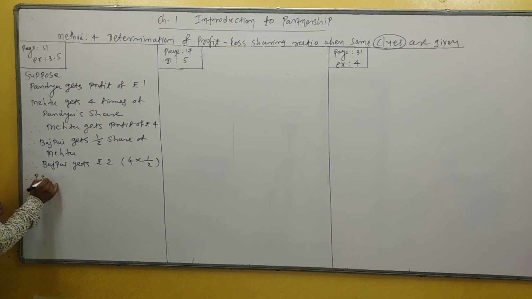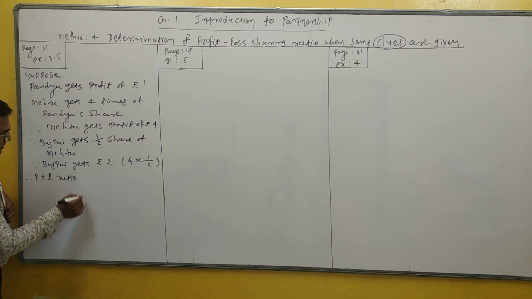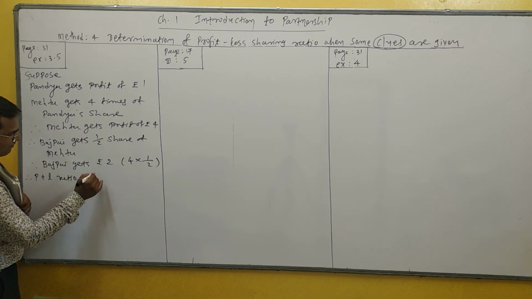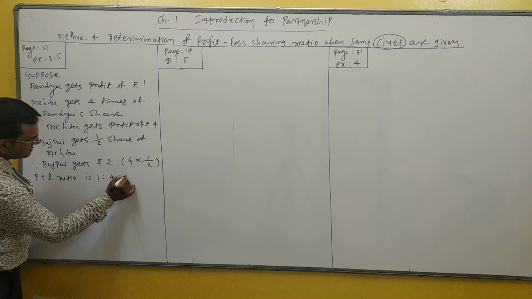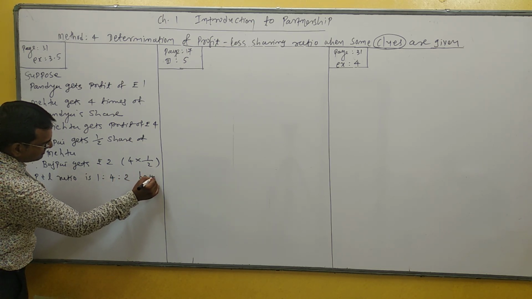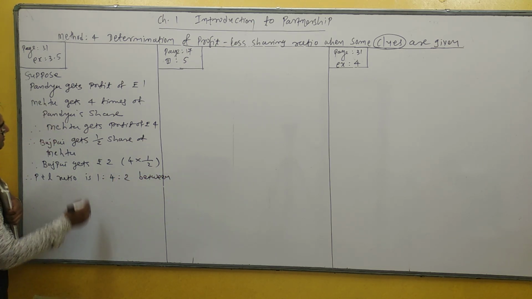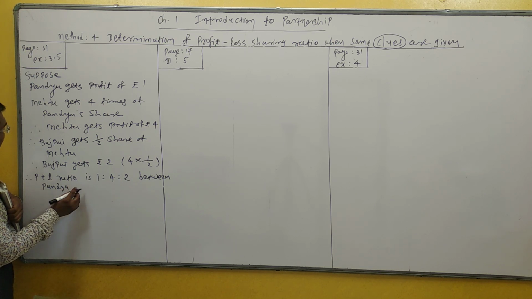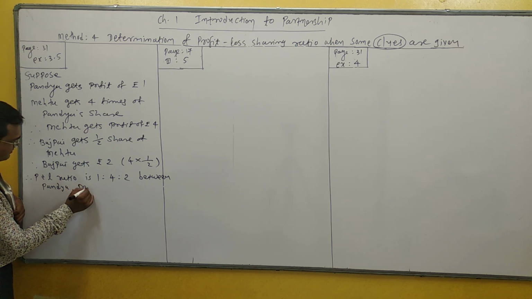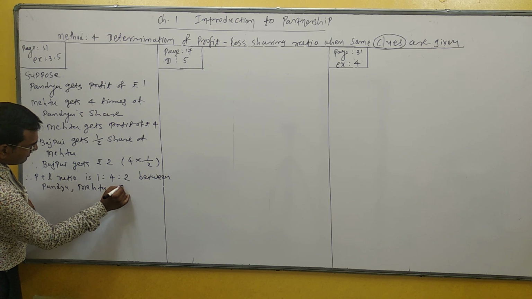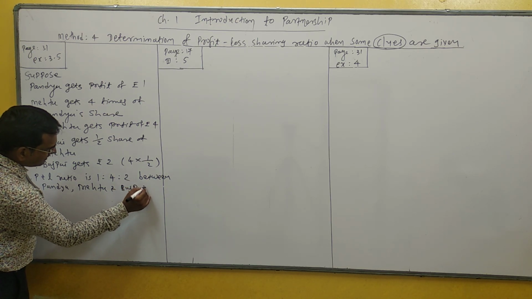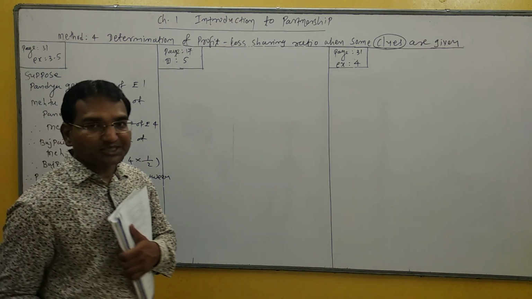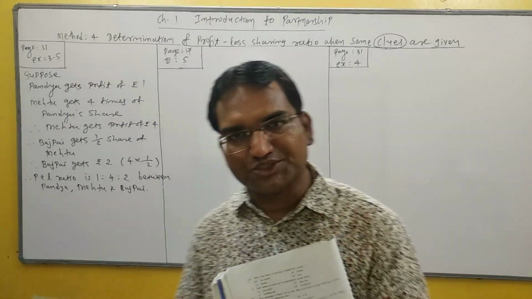The profit and loss ratio is 1:4:2 between first partner Pandya, second partner Mehta, and Bajpai. Understand? So this is our first step, calculation of the profit sharing ratio.